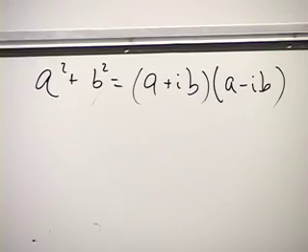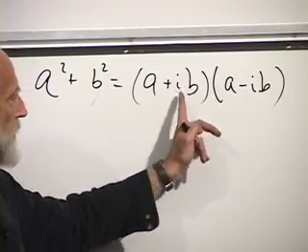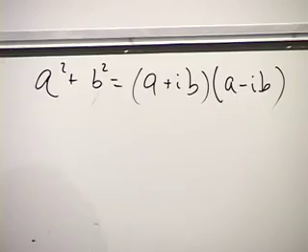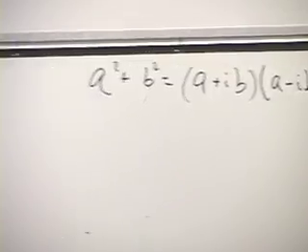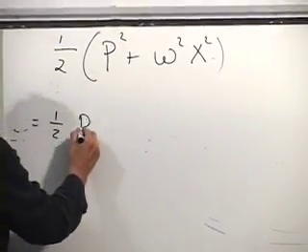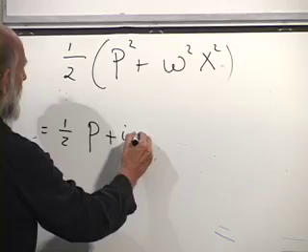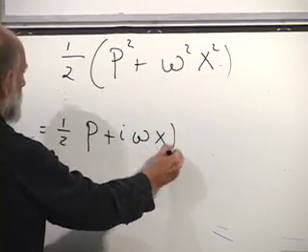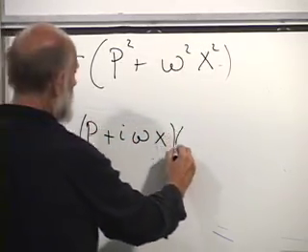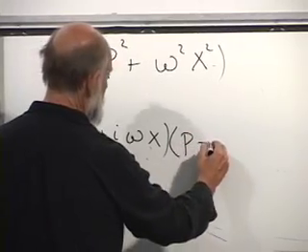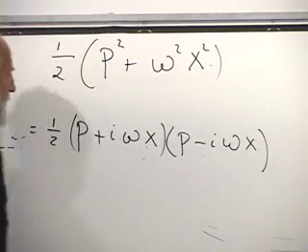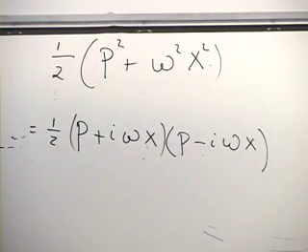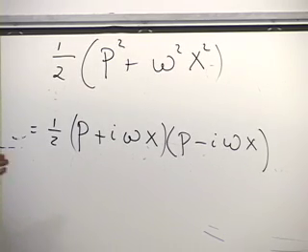A squared minus times i is plus b squared, and the cross term cancels out. Okay, so let's write this in the form p plus i omega x times p minus i omega x. I haven't done anything. I've just rewritten the sums of squares in a different form.